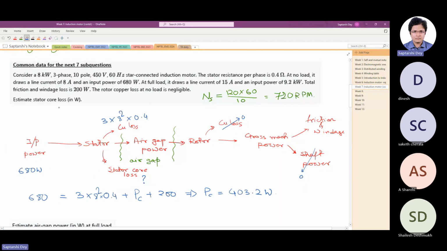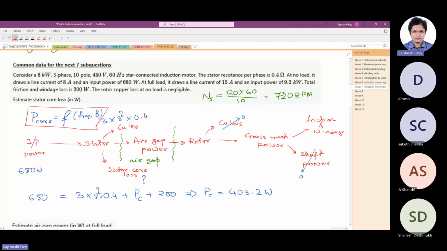The core loss is a function of frequency and flux density, which remain constant throughout the operation, because the frequency remains the same in the stator, and since the voltage is also constant, the flux density is also constant.